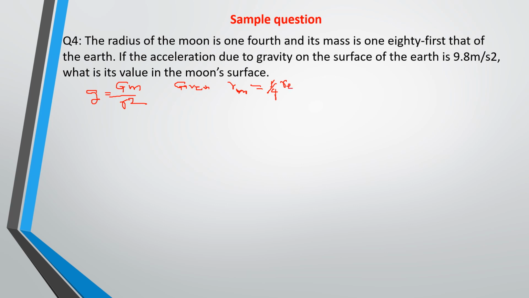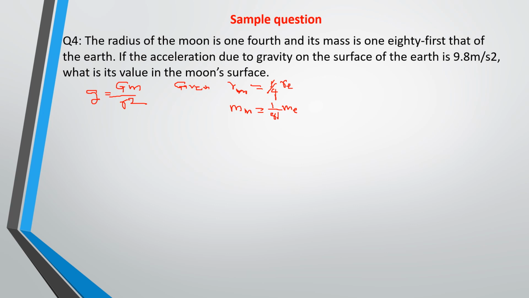And you are also given that the mass of the moon is equal to 1 all over 81 that of the mass of the earth. That is what we are given.